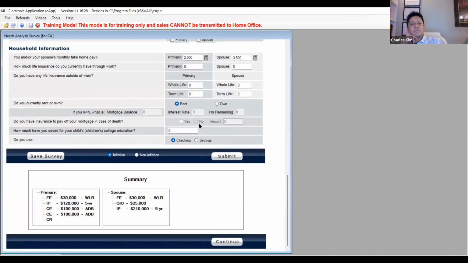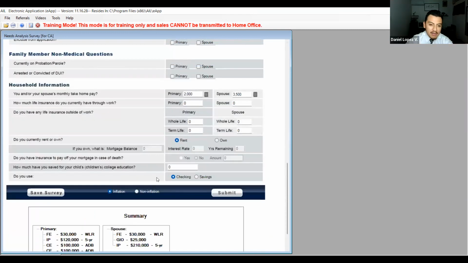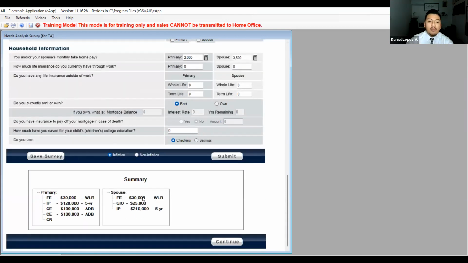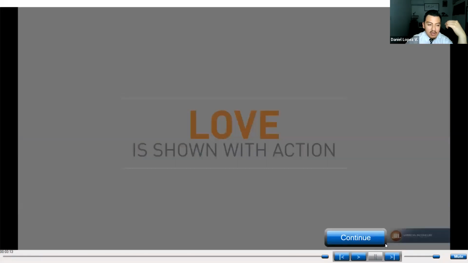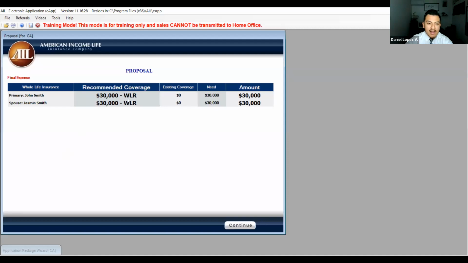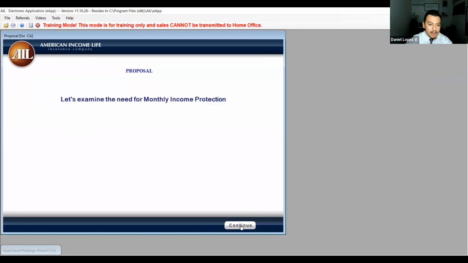So on the EAP, when you press submit, based on how much they make and all that, here's what the EAP recommendation is. Summary: primary, final expenses 30,000, income protection 120, college education 100,000. You press continue. So the EAP is recommending 30,000 of whole life to cover final expenses.